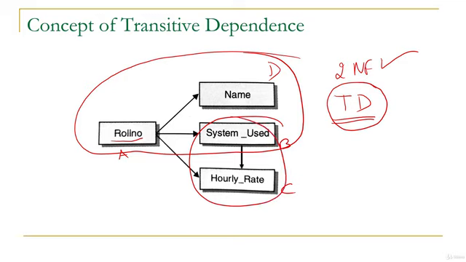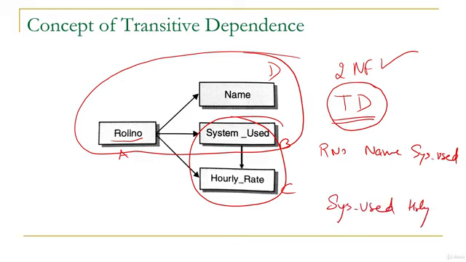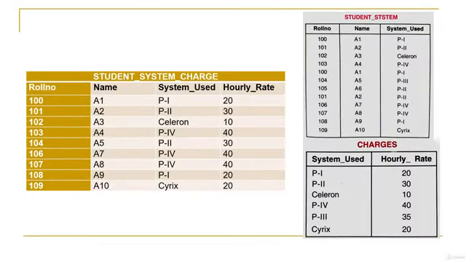So we have to create a table with roll number, name and system used, and another table involving system used and hourly rate. So here this table has been decomposed into two tables. One is roll number, name and system used, as you can see here, and another is system used and hourly rate.